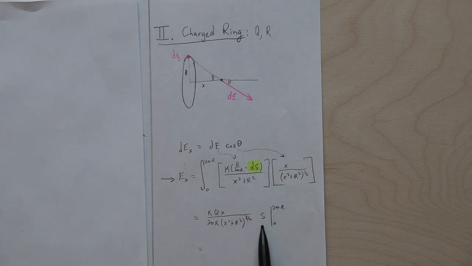So what is the arc length? What are the limits? It goes from 0 all the way around the circle, 2 pi r. I'm not finishing up the details. This is the big idea that you have to study, the setup, which will be most of the credit anyway. Understand this line where every kQ over r squared and cos theta is integrated around the ring.